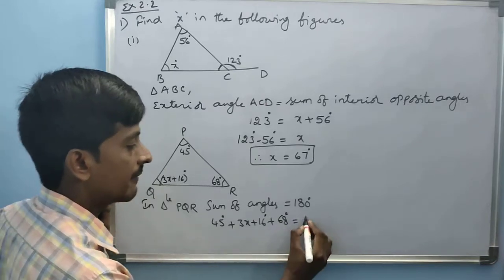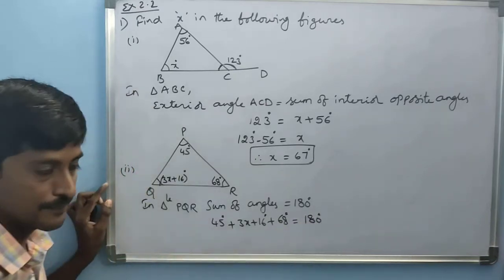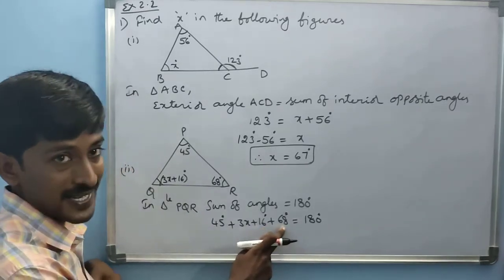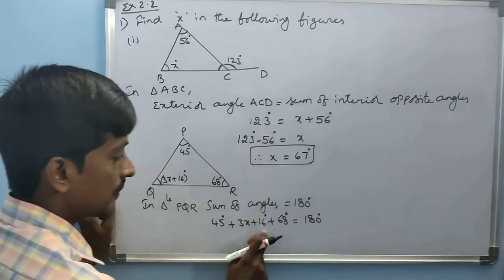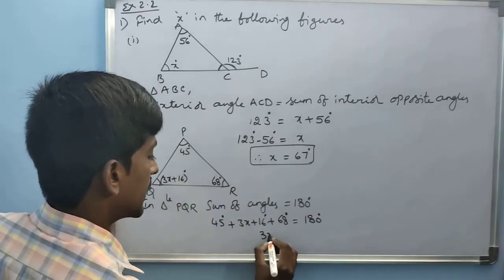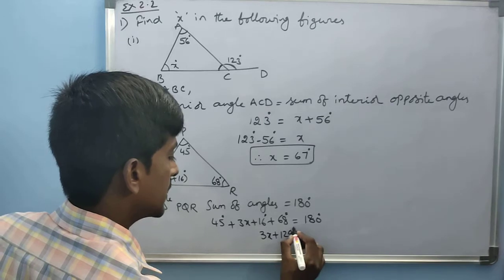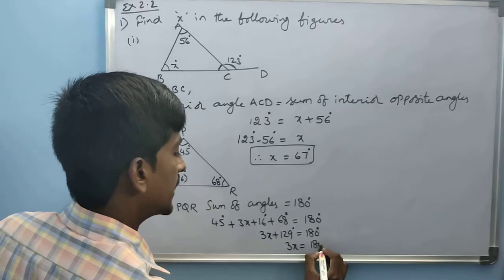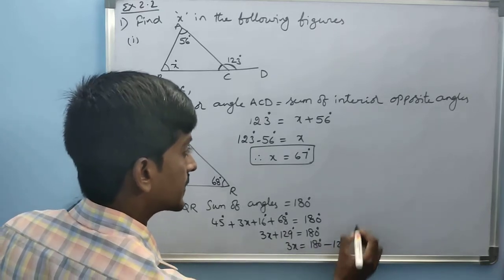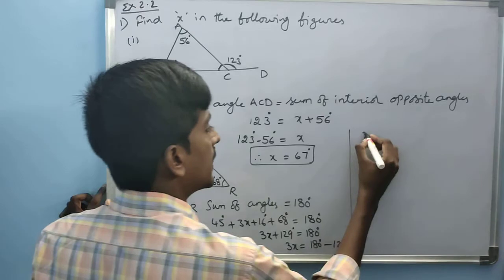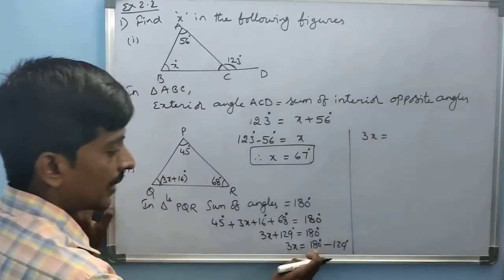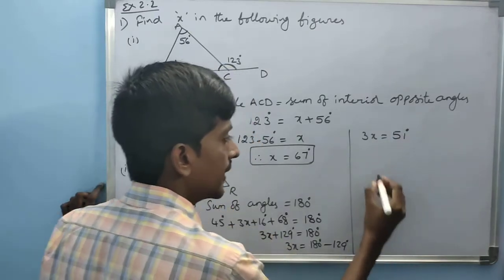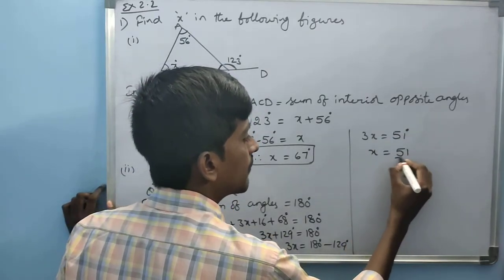These three angles add up to 180 degrees. 45 plus 16 is 61. 61 plus 68 is 129. 3x plus 129 degrees equals 180 degrees. 3x equals 180 minus 129, which is 51 degrees. x equals 51 by 3.